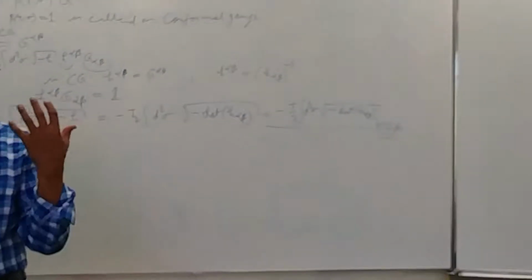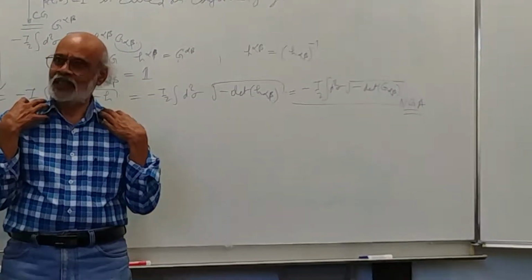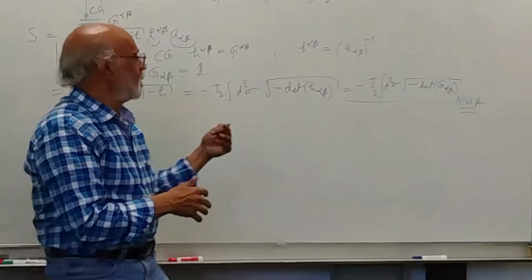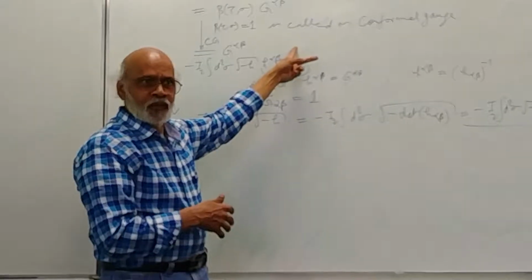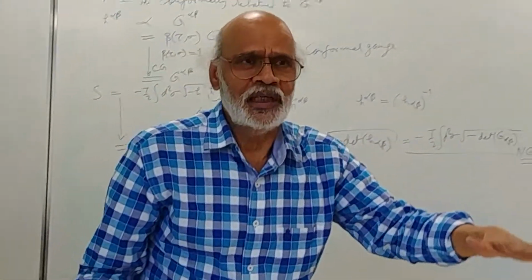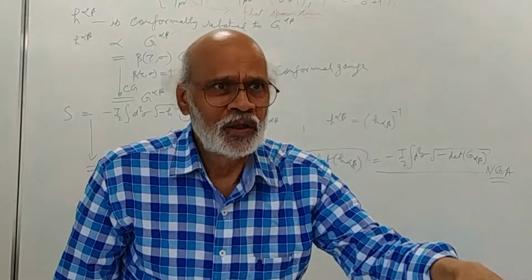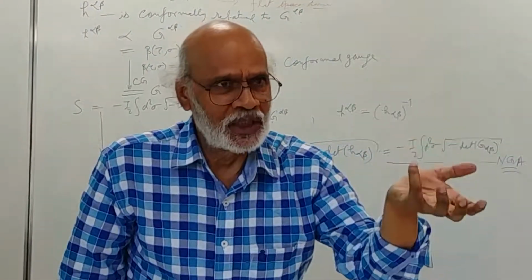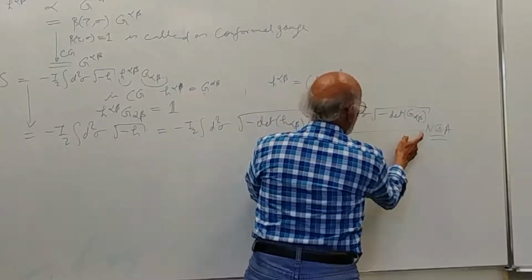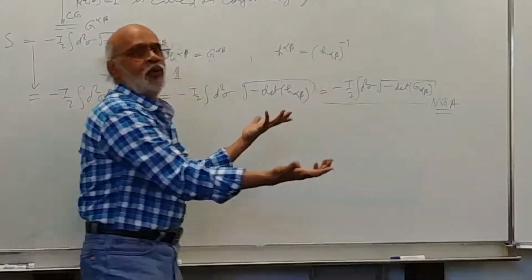So what we have done is, by going to the conformal gauge choice, which amounts to setting B equal to 1, gauge choices are always done by hand. Okay, they are arbitrary and ad hoc, but they go by some logic. So if we choose that gauge, conformal gauge, this is just equal to this.